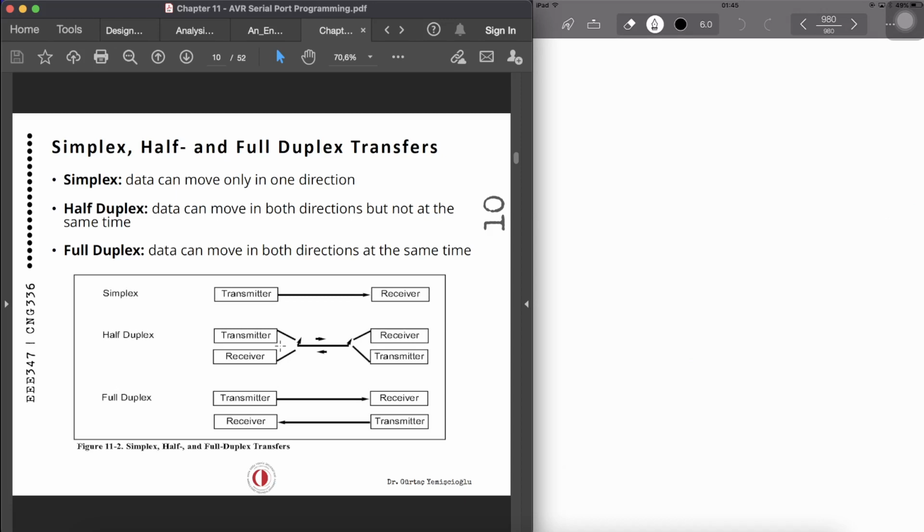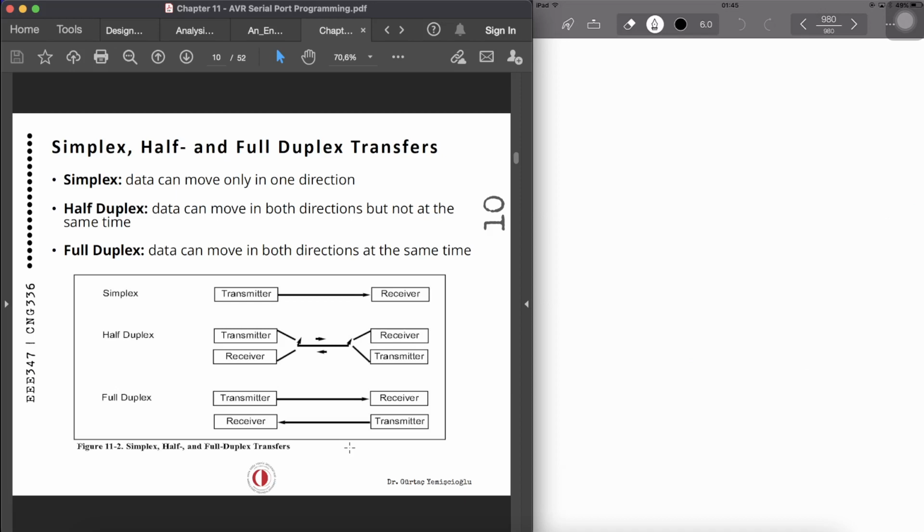You have to wait for one of them to finish transmitting, and then the other side can transmit the data. And full duplex: you have two-way communication. You can send and receive at the same time. So full duplex is easy to use.